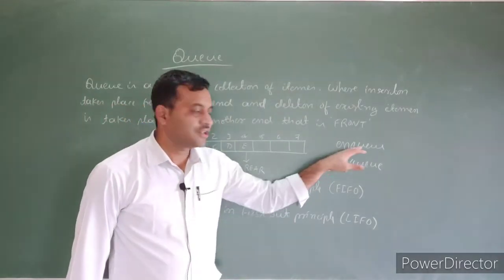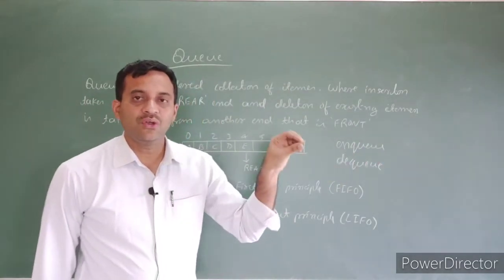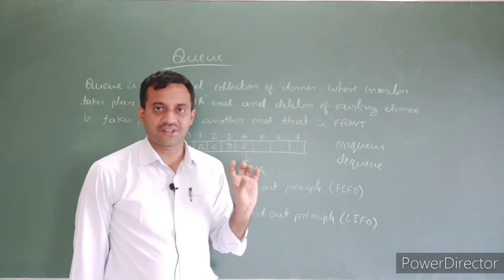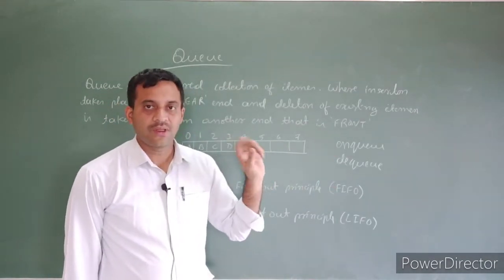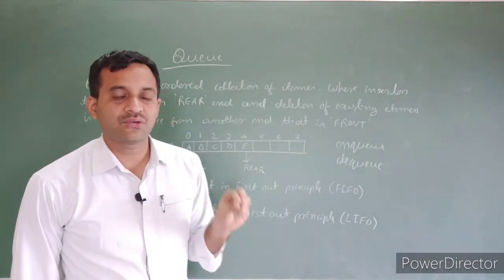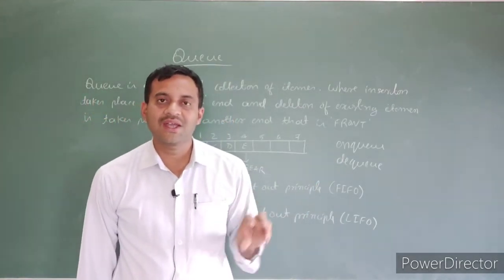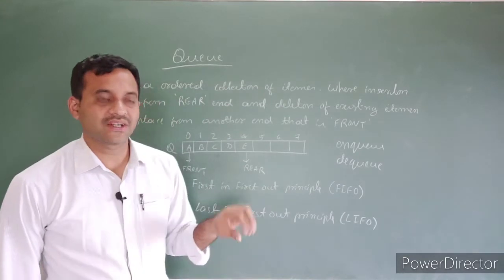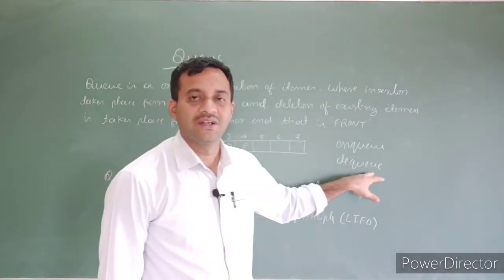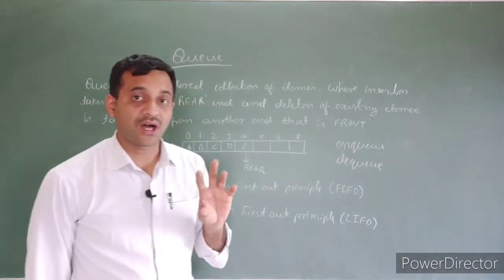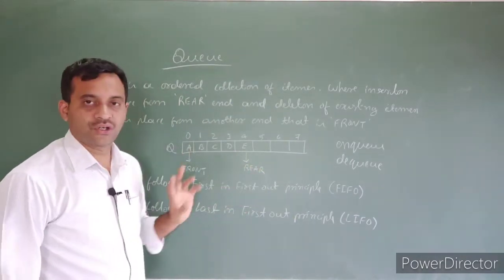Here NQ means we have to insert a new element to the existing data structure. That process is called NQ. Then DQ means we have to delete an existing element from the data structure. That process is called DQ. These are the two commonly used operations on queue.